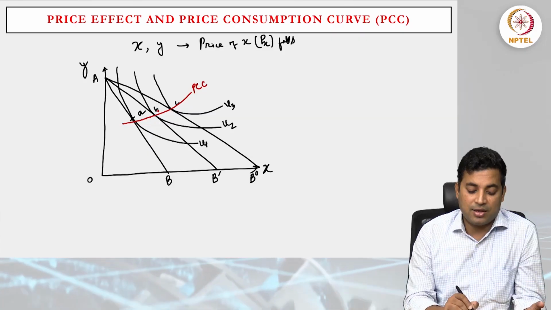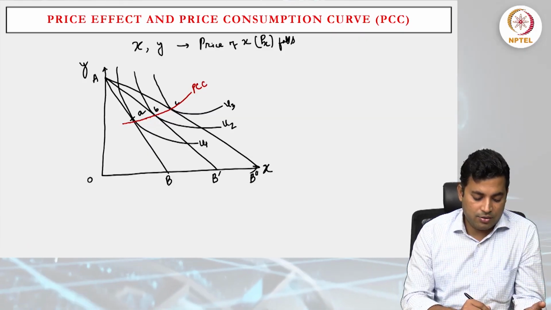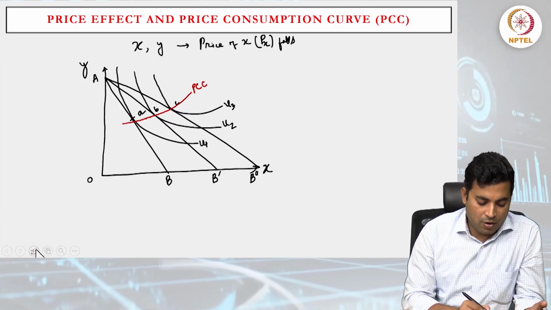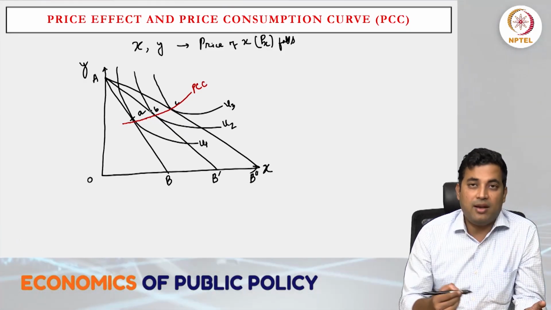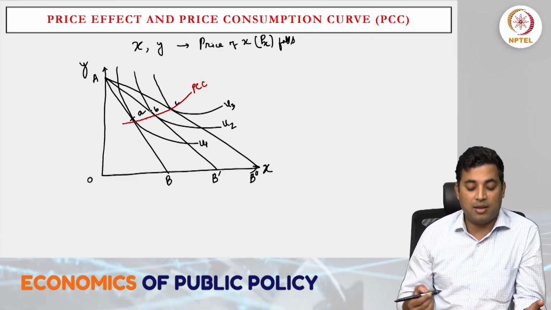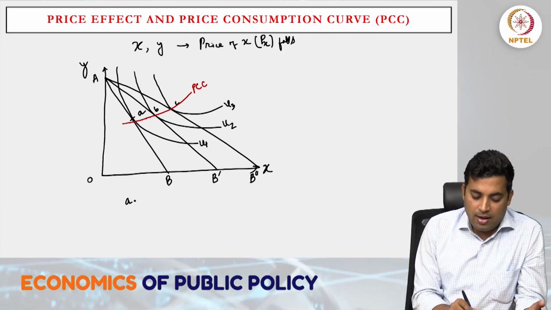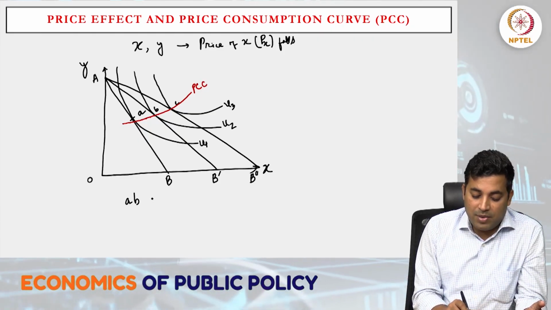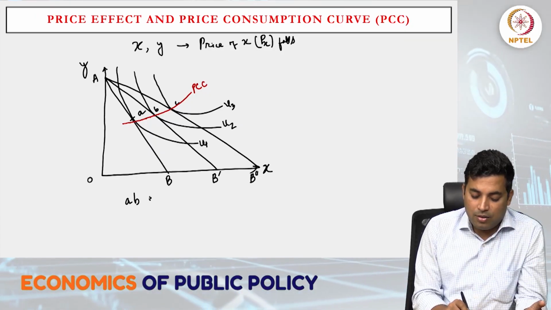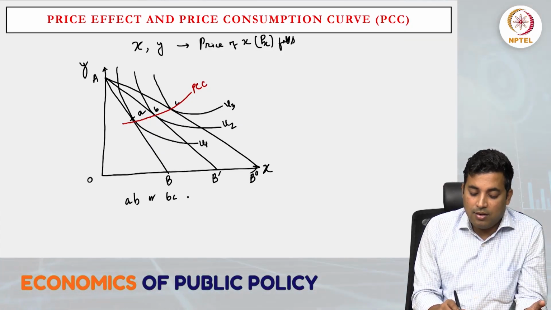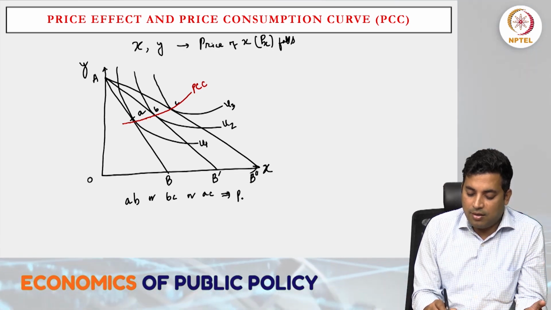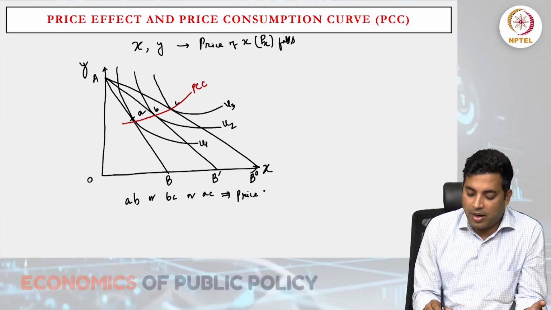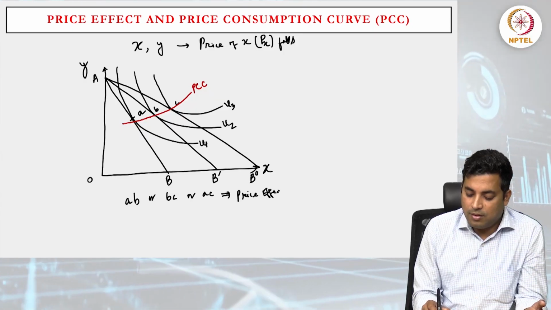The changes that we got here, from A to B, are due to changes in the price, and therefore A to B, B to C, or A to C, all these are called the price effect.